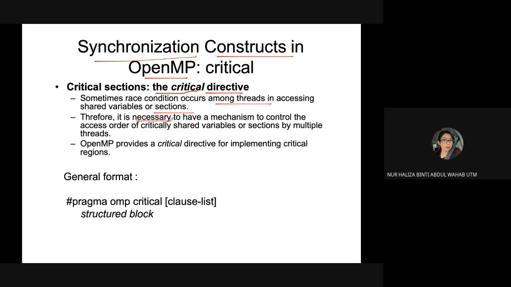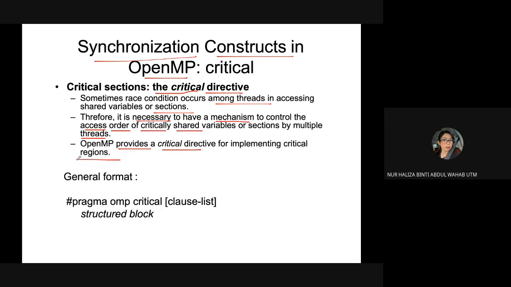Therefore, it is necessary to have a mechanism to control the access order of critical shared variables or sections by multiple threads. OpenMP provides a critical directive for implementing the critical region.